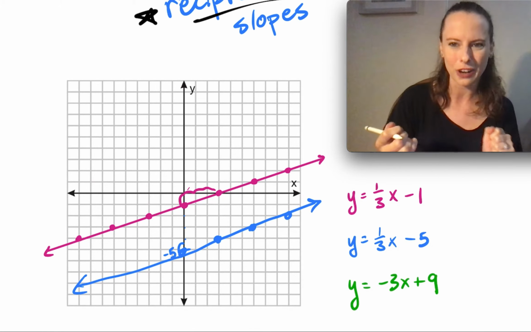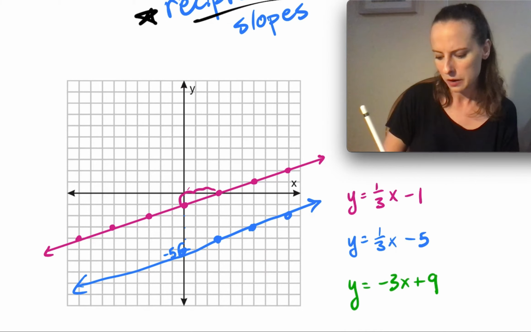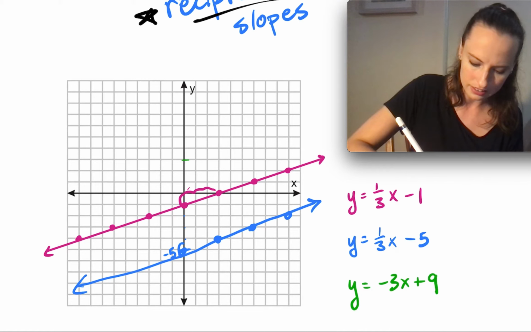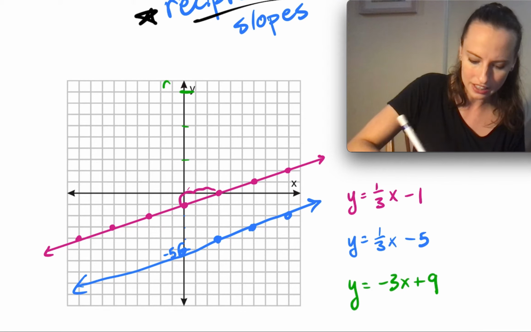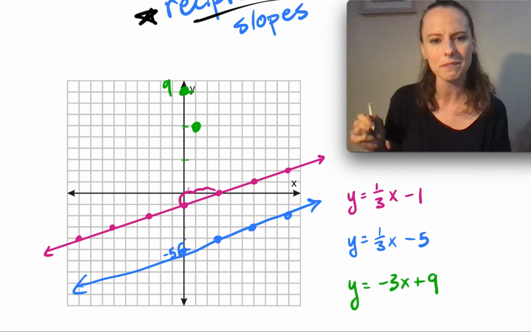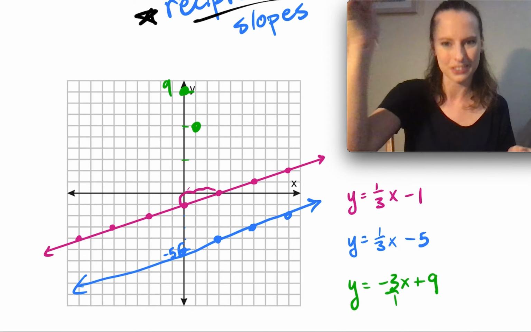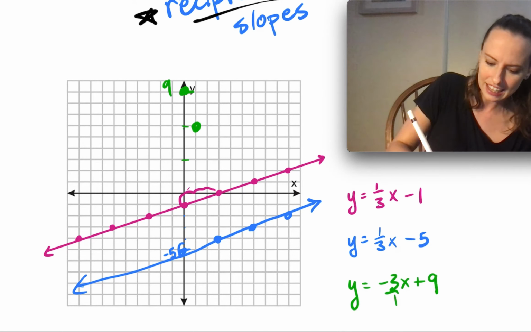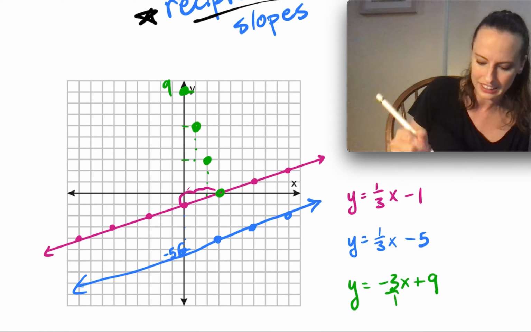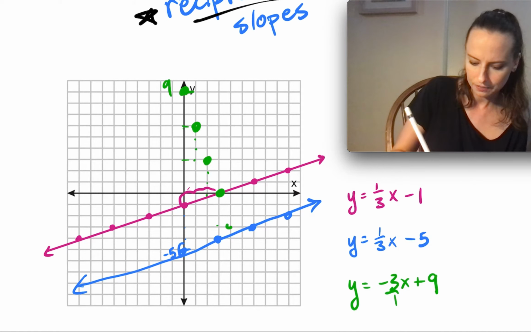So let's just graph this to see this in action. We have our y-intercept of 9. So we'll count up 3, 6, 9, there's our y-intercept, and now I'm going down 3/1 because my new slope is 3/1 and it's negative, so down 3/1 again, down 3/1 again, and again, and again.